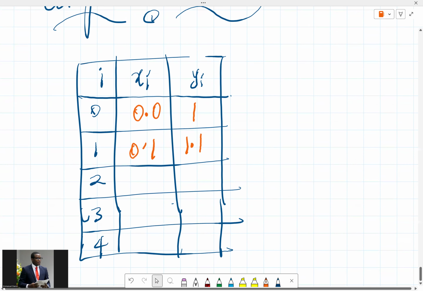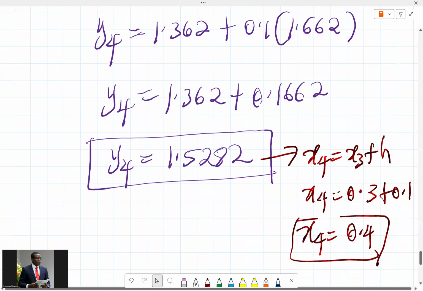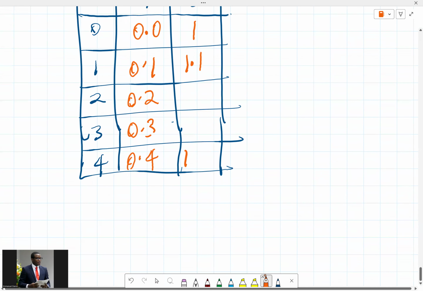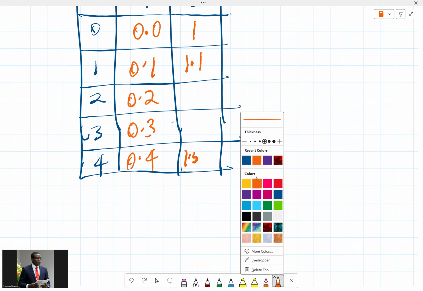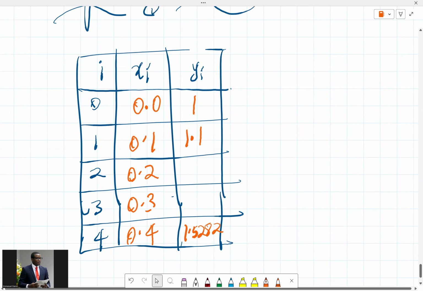Then next we have the rest. These ones are easy, just increment by 0.1 each. Then we just have the corresponding values. The last result is 1.5282, and I'll just make it 4 decimal places.